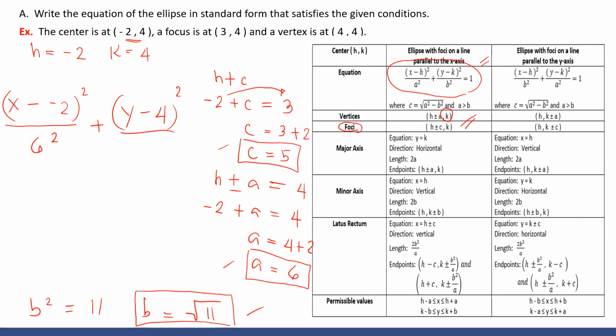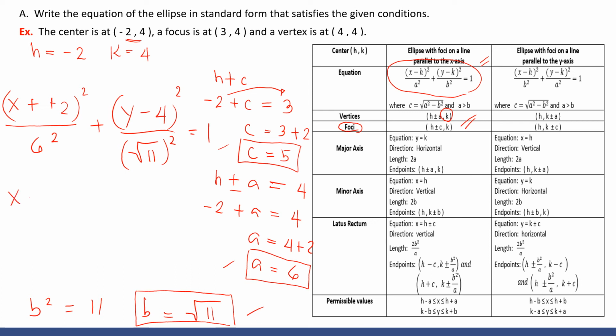Tama? Or, at first, sulat muna natin square root of 11, squared, equals 1. And then, compute x minus negative 2, minus minus is positive.